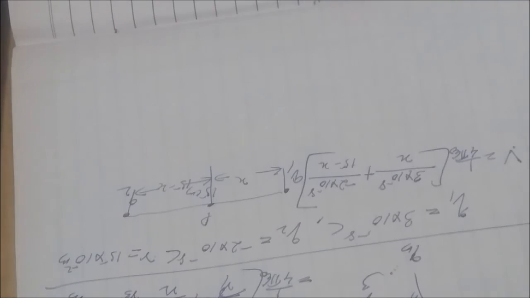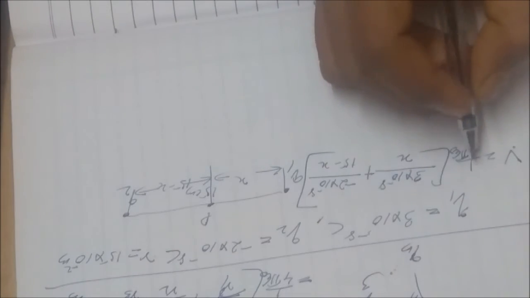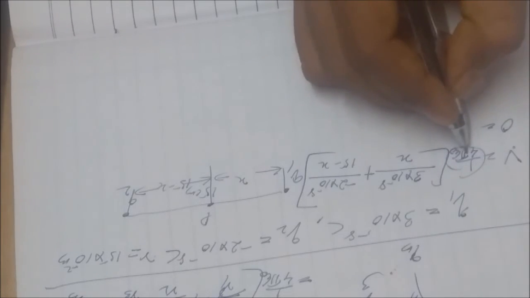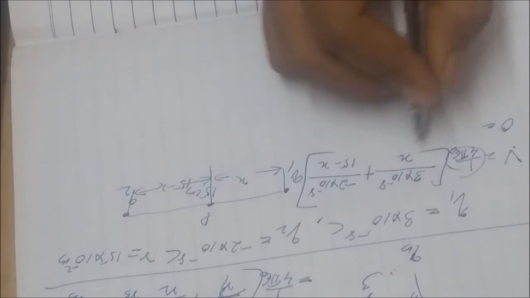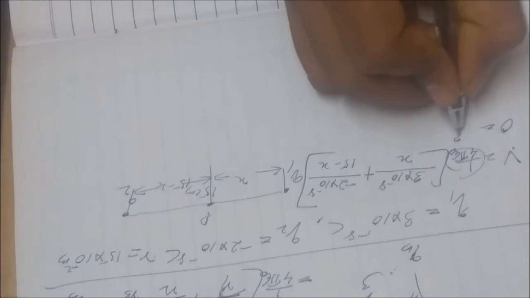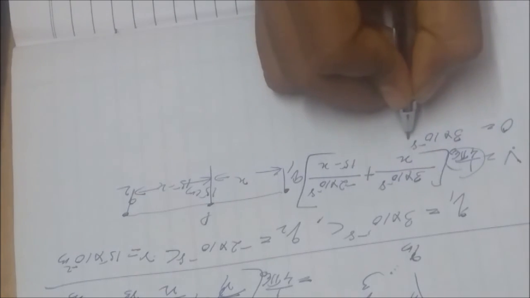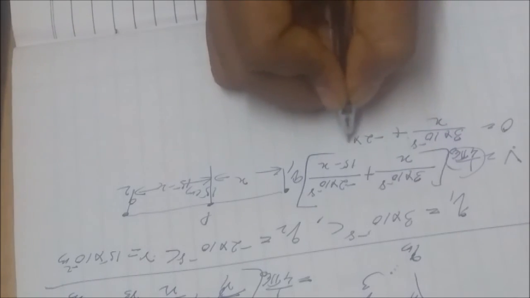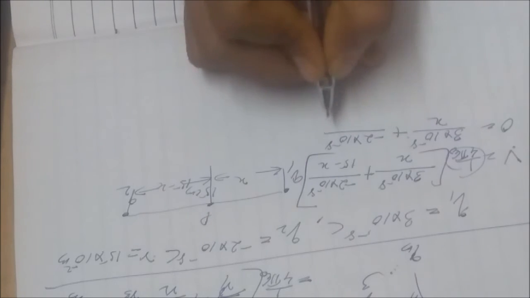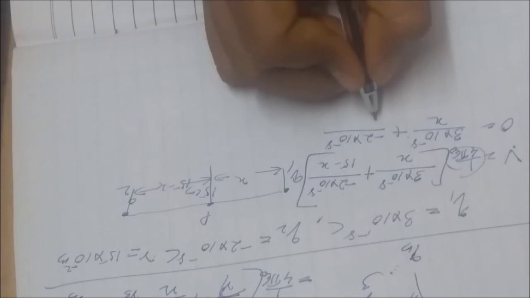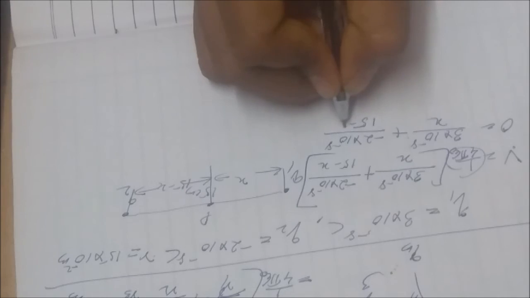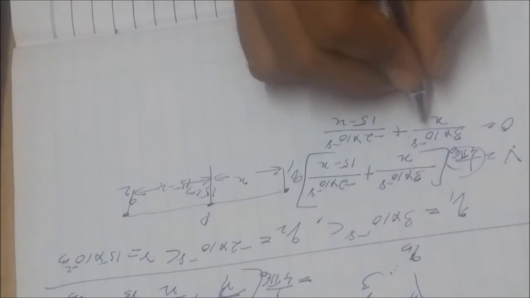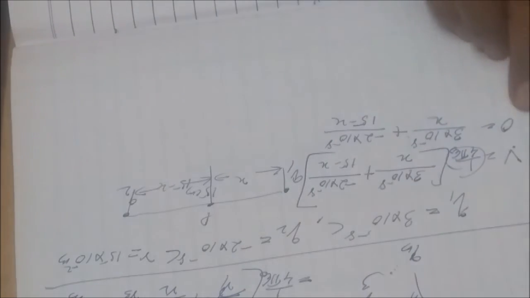So we can equate this to 0. When we take this term to the left side, that also becomes 0. So this is 3 into 10 raised to minus 8 by x plus minus 2 into 10 raised to minus 8 divided by 15 minus x. Okay, so we can take 10 raised to minus 8 as common, so we can cancel that.